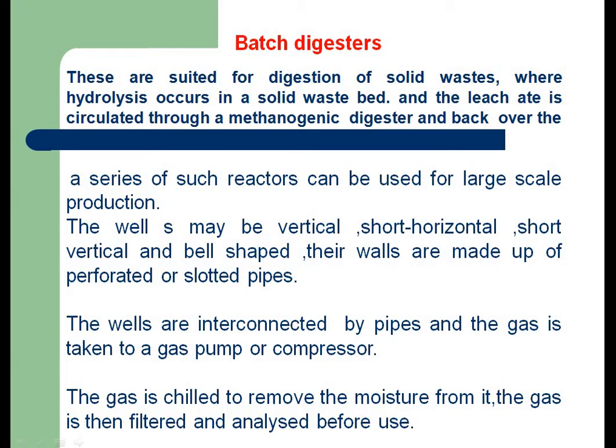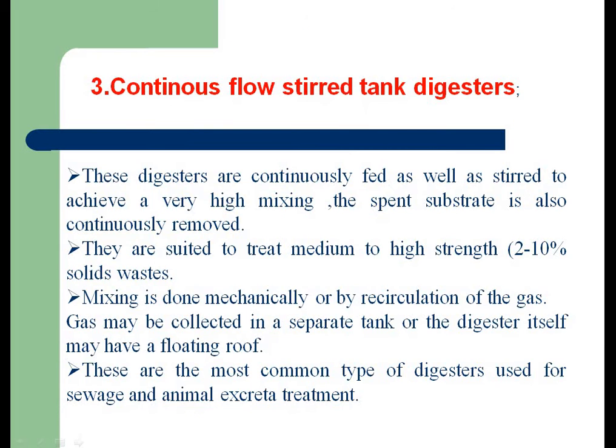The wells may be vertical or short horizontal, short vertical or bell-shaped. The wells are made up of perforated or slotted pipes. The wells are interconnected by pipes and the gas is taken to a gas pump or a compressor. The gas is chilled to remove the moisture from it. The gas is then filtered and analyzed before use.